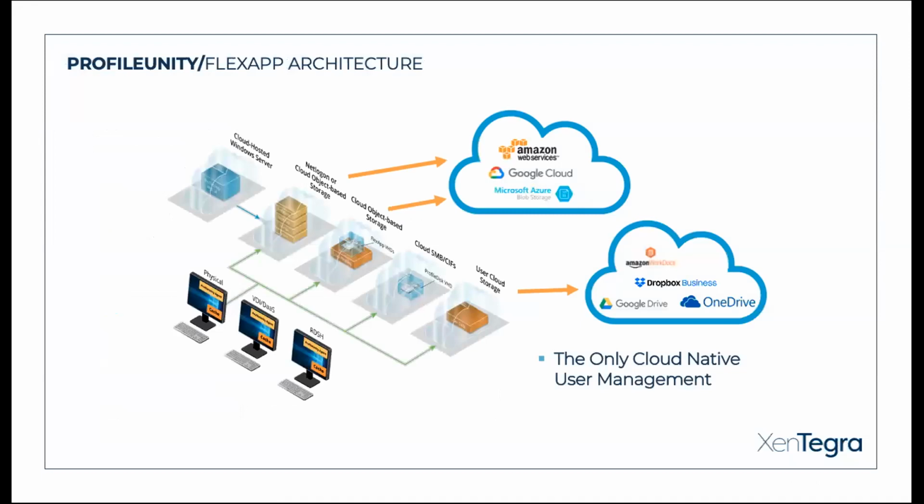So let's take a look at the FlexApp architecture. I talked earlier, it utilizes the same architecture as Profile Unity. For our on-prem deployments, it does run as a standalone system, or we can utilize our existing infrastructure, right?